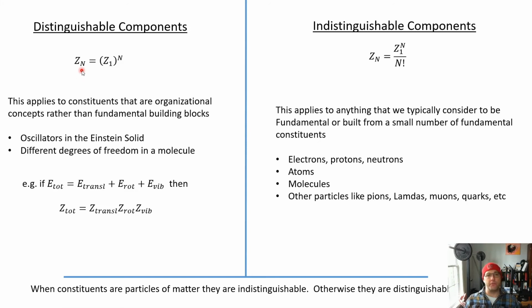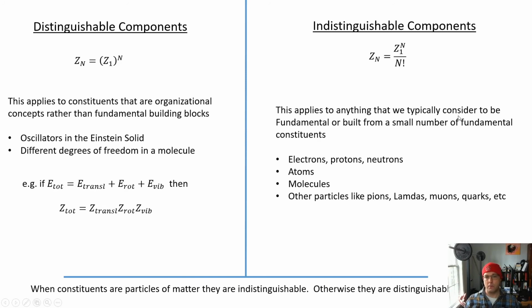We have a formula for the composite partition function when we have distinguishable components, which is just z1 to the n. And then when we have indistinguishable components, we have an approximate formula. I should be careful to say that this applies approximately for large n and large numbers of levels, just by dividing through the permutations of all the particles.